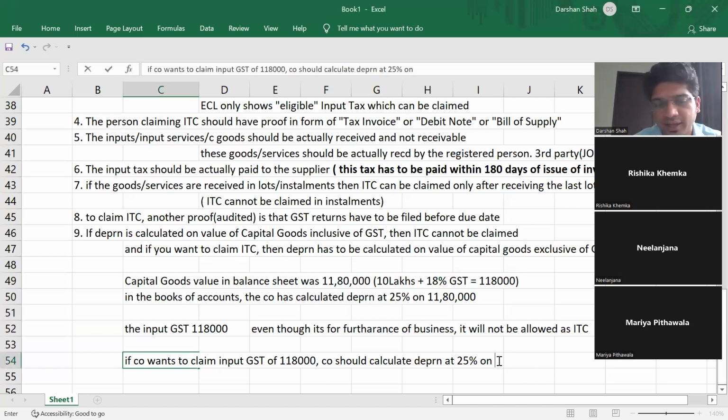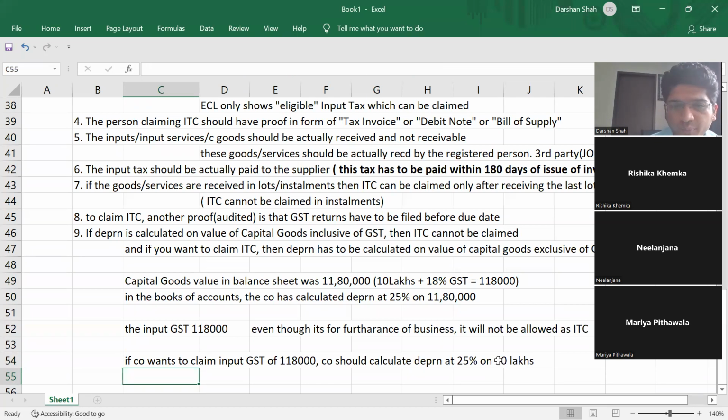So if you want to claim both depreciation and ITC, calculate depreciation on the value exclusive of GST. Out of 11,80,000, the value exclusive of GST was only 10 lakhs. So claim depreciation on 10 lakhs, right? And then you can claim the entire input GST of 1,18,000 as your ITC.